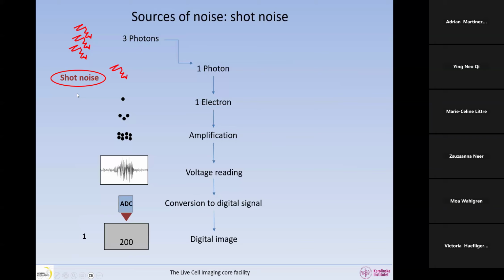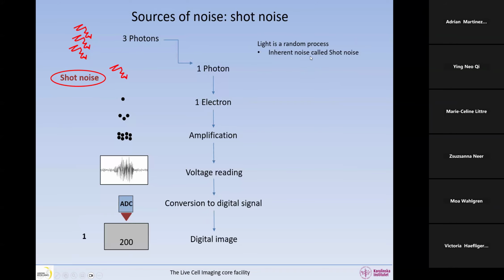Now, the shot noise is very different. That we can do lots of things about. Light is a random process. So photons, it's a statistical process, basically, where the photons are along the wavelength. Because it's a random process, there is an inherent noise that is created, and it is Poisson shape.